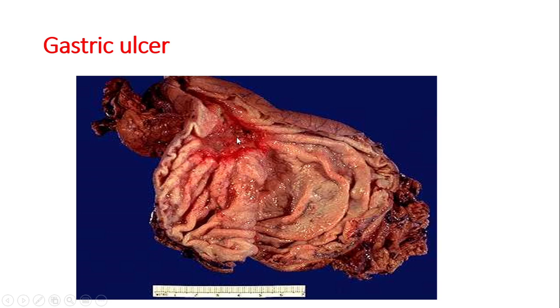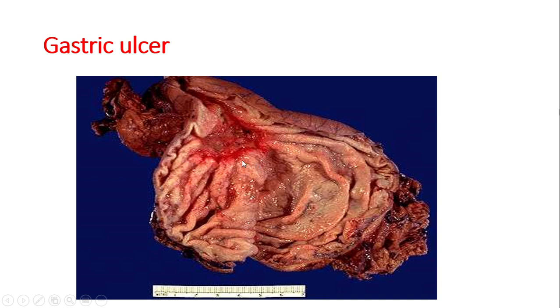We say the gastric ulcer is more liable to be malignant than duodenal ulcer. So gastric ulcer should be taken seriously and follow-up is stricter than in duodenal ulceration, because the risk of gastric peptic ulcer becoming malignant in the future is more, and it is most likely to occur on a background of chronic H. pylori associated gastritis.